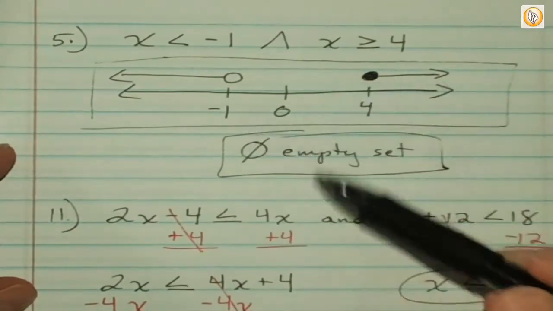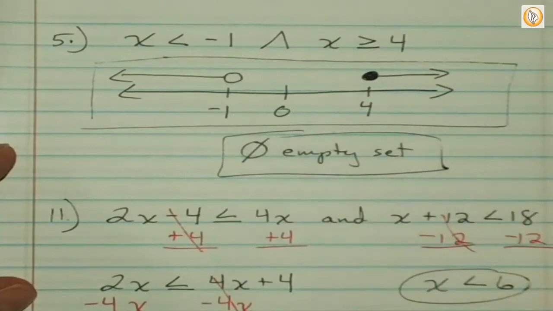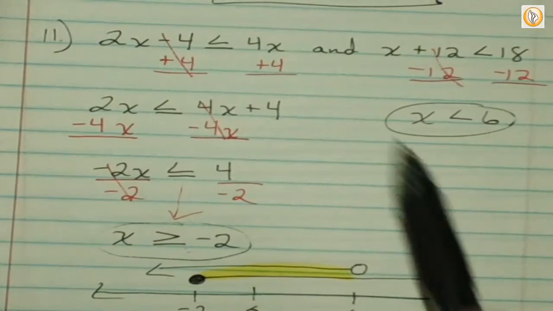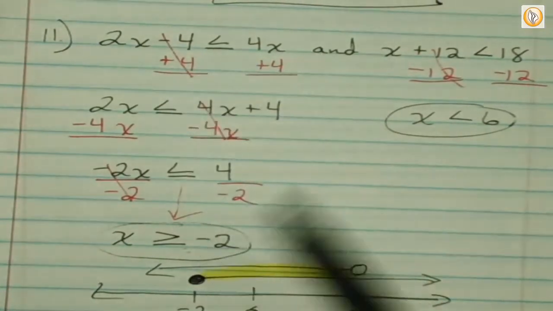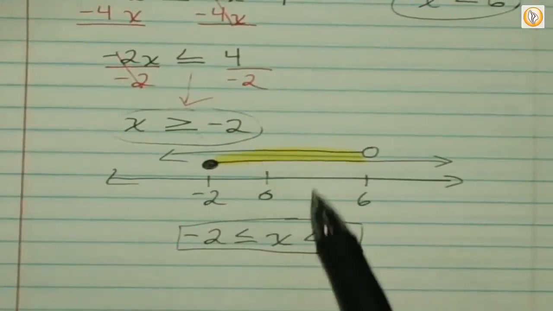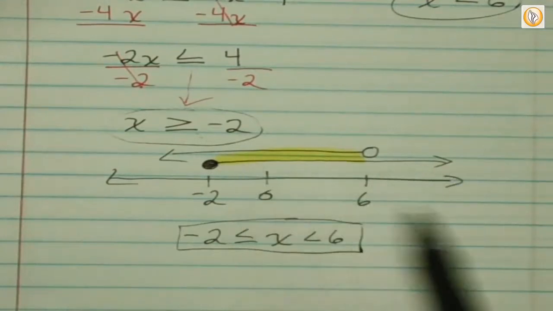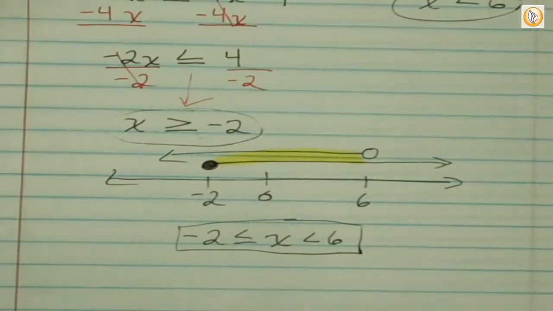This had nothing in common, so the answer is empty set, and there's the graph. We did 11. They already had it separated, so we had to solve for x on both sides, graph, and then there was our answer. That one, it didn't tell you to show the graph, but I told y'all you need a graph anyway to come up with the answer.